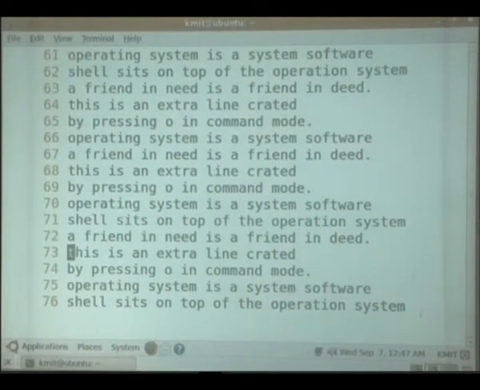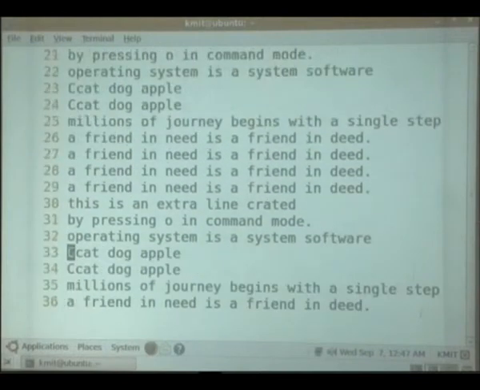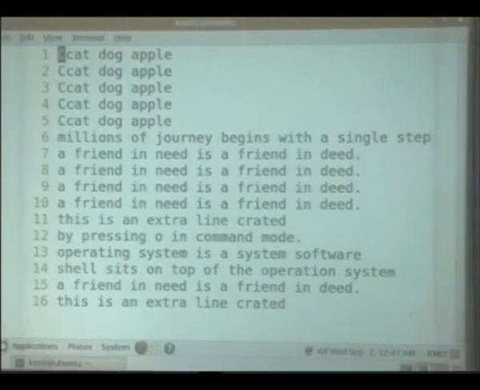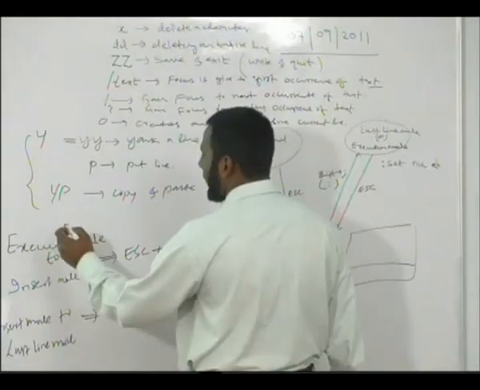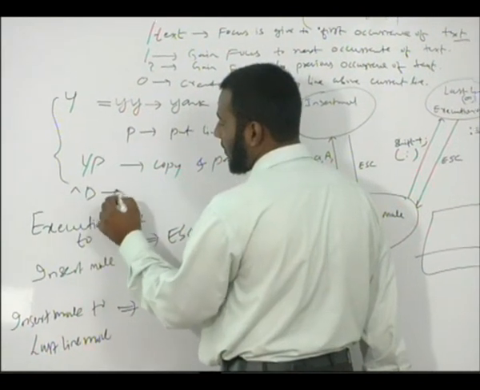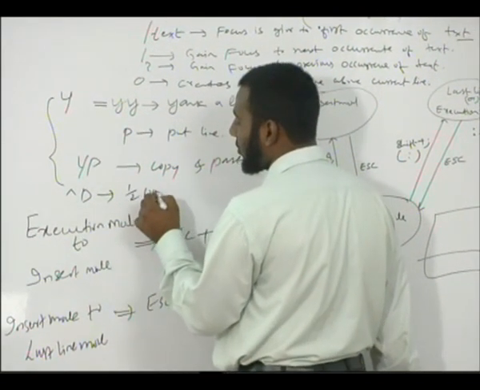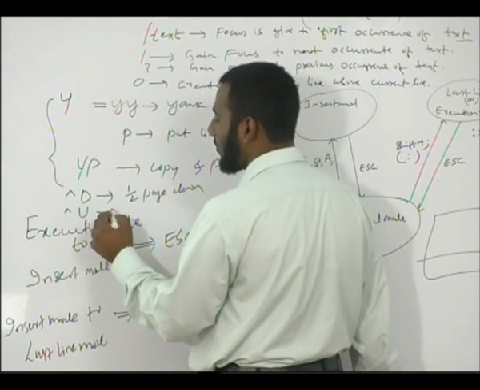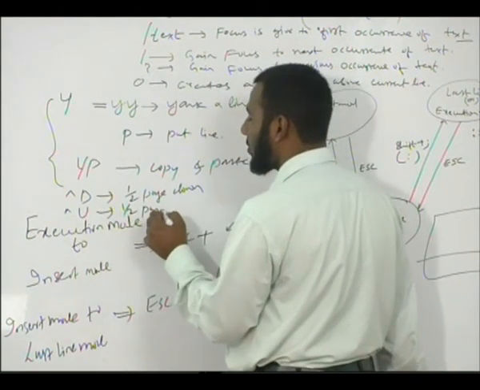Then Control U, page up. Okay. So we have Control D for half page down and Control U for half page up.